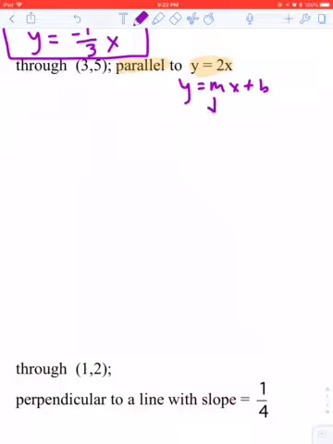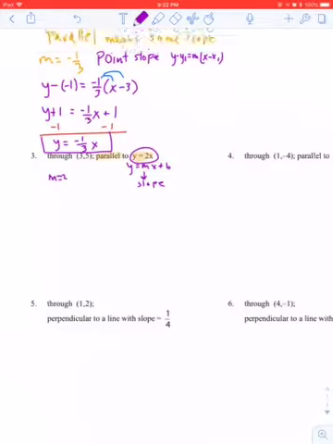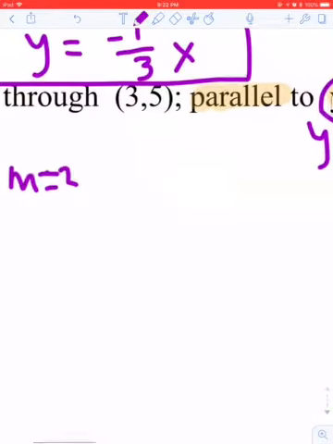This m is your slope. So in the case of y equals 2x, 2 is your slope. So for our equation, our m is going to be 2, because parallel lines have the same slope. And again, here's our x1, here's your y1.